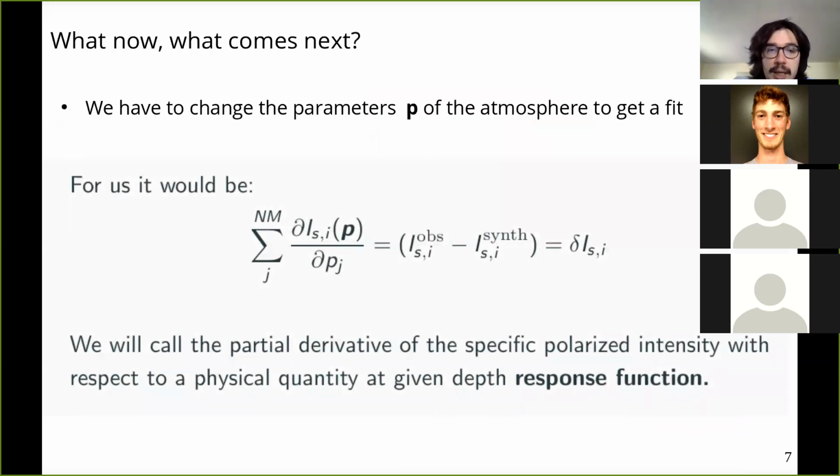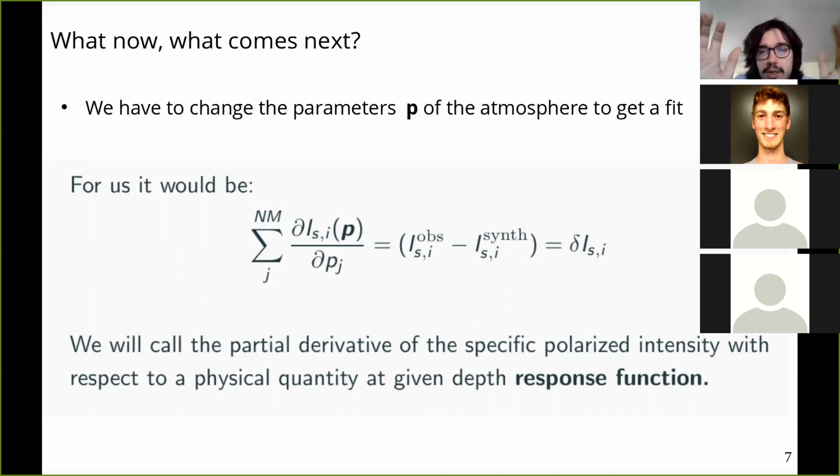Now I can write a linear system. I started from some model, and that model produces some synthetic intensity, I synth. That I synth is not exactly the same as my observed intensity; there is some discrepancy there, which I'm calling delta I. That discrepancy exists because there is a difference between my model atmosphere and the true model atmosphere.